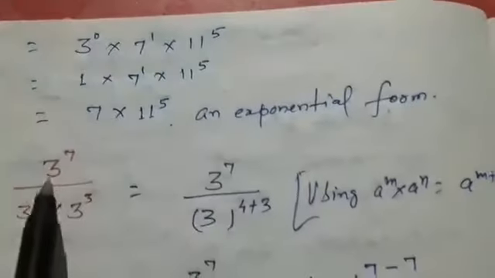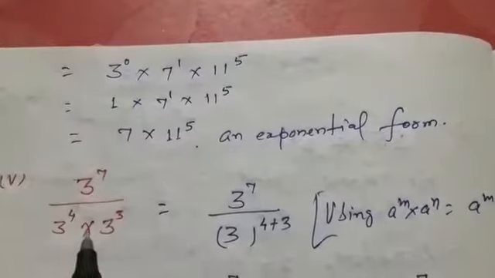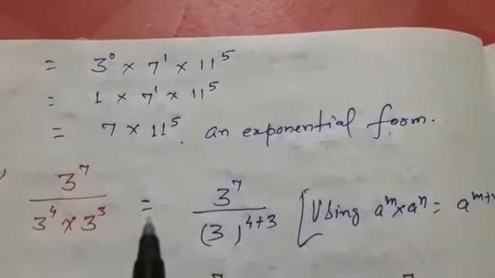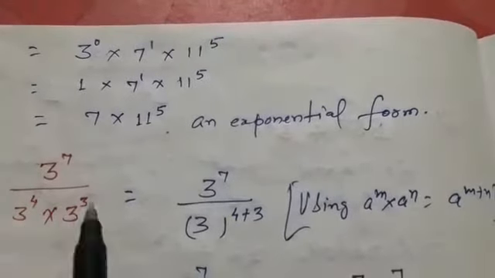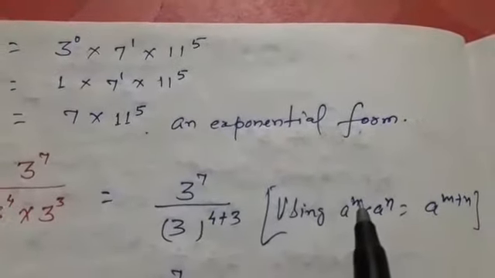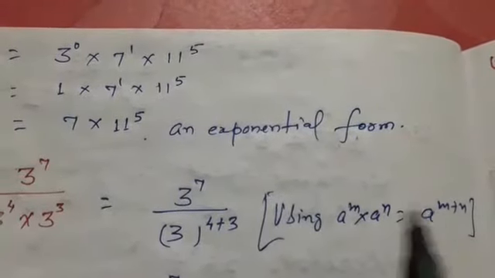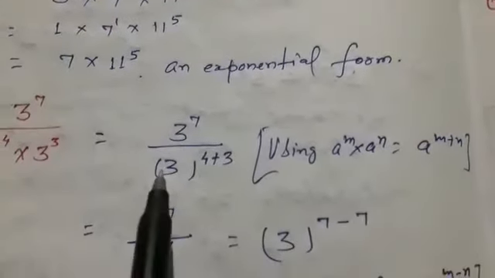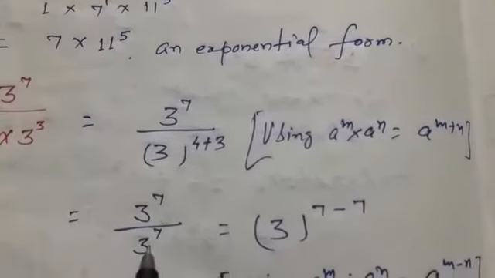Next is 3 to the power 7 by 3 to the power 4 multiply 3 cube, which is equal to 3 to the power 7 by 3 to the power 4 plus 3, using a to the power m multiply a to the power n is equal to a to the power m plus n. Hence, it is equal to 3 to the power 7 by 3 to the power 7.